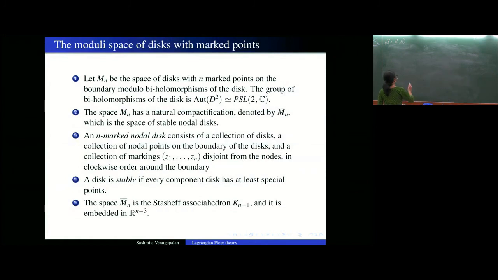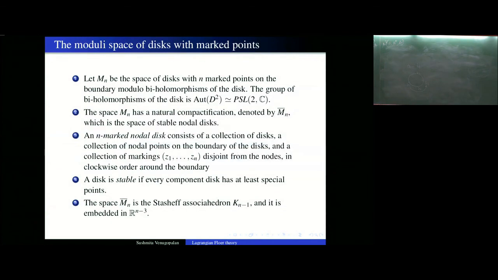Let me look at the example of 4 marked points. I can take 3 prescribed points in that order and make sure that by a suitable biholomorphism, Z1, Z2 and Z3 are fixed. So now Z4 is the only moving part, and Z4 is only allowed to move in this region.